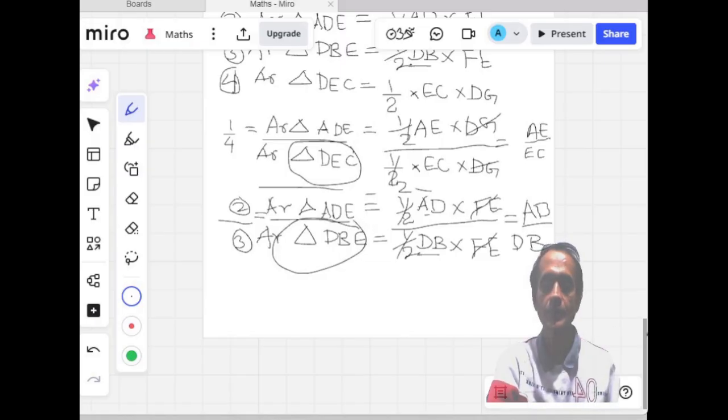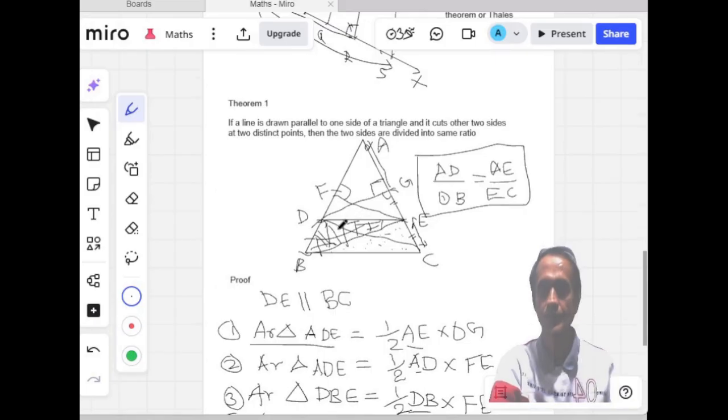Why? This is because these two are parallel lines, DE and BC. And these are two triangles on the same base and between the same parallel lines. So areas of triangles on the same base and between the same two parallel lines are equal. The reason is simple.